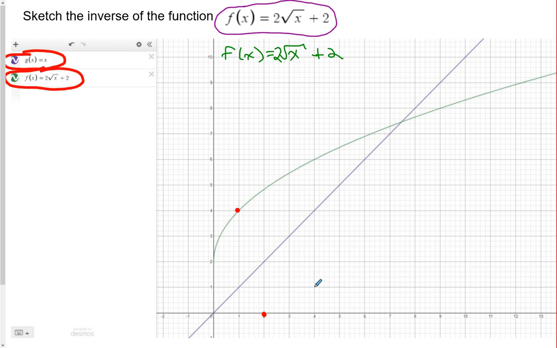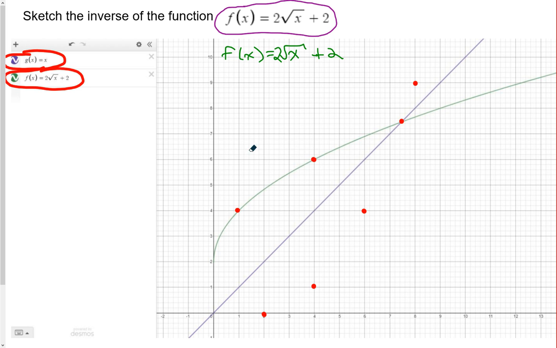So I can go 1.5 diagonal squares away on the other side. I notice right here I've got one that is 1 square diagonally away. So I can put that in there. I notice it crosses the line right here. So that's going to be another point. And then I notice this one right here is a 1/2 square away.